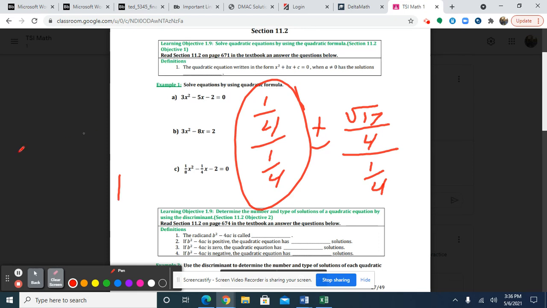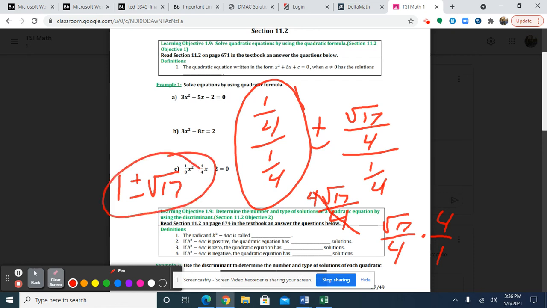This again becomes a situation where we have the square root of 17 divided by 4, which means we're multiplying by the reciprocal, 4 over 1. What happens here is that we have 4 square root of 17 over 4, and that simplifies to 1 as well. So we're left with the square root of 17. So our solution here is 1 plus or minus the square root of 17.